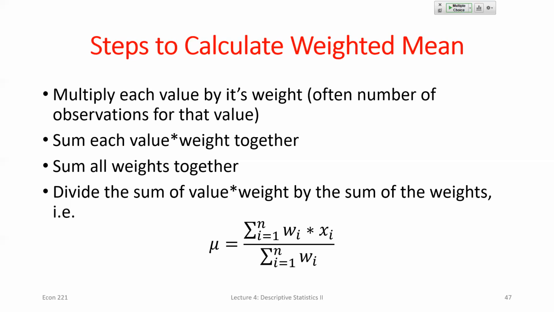What would that denominator actually be? Yeah, right. I just got the sum of my weights over the sum of my weights. So it's just 1. So if we want to use proportions as weights, where we know those proportions have to add up to 1 because we've got every single possible observation, we can really just ignore that denominator, because if we're using proportions as weights, the denominator would always be 1.